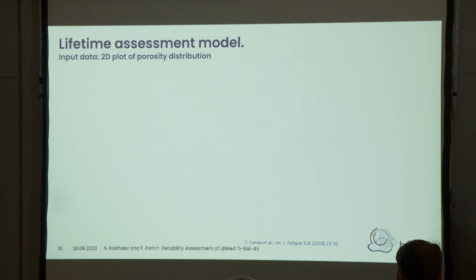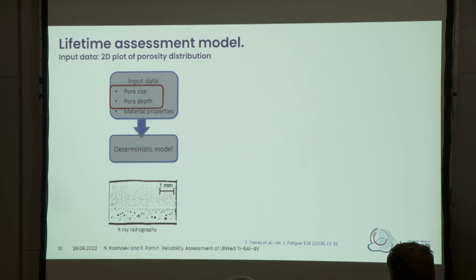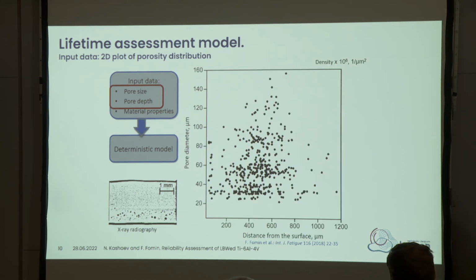Okay, now with regard to input data, in principle, if we use input data, we can perform some kind of deterministic modeling. However, if we look at our porosity, for example, using X-ray radiography, we can perform quantitative characterization with regard to the size of the pores and the location of the pores below the surface.